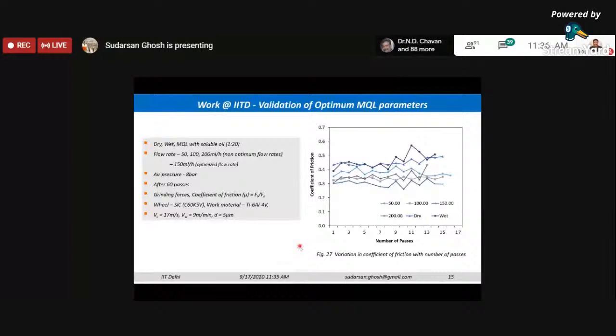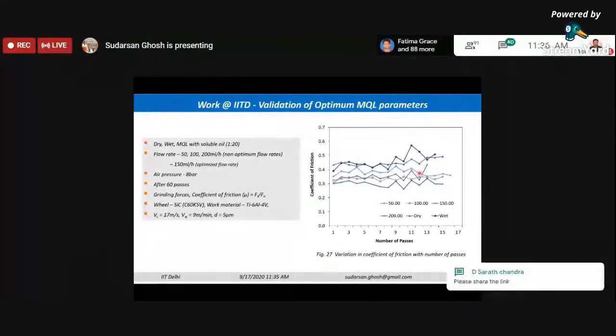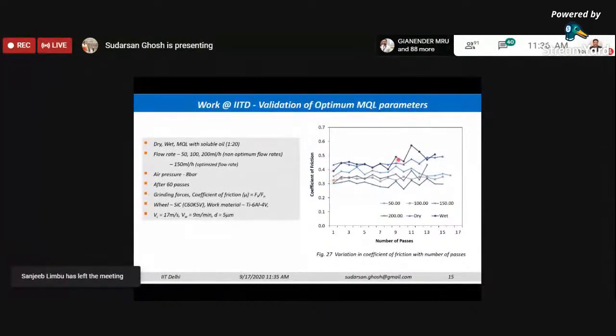Now, under these various conditions, we have also tried to find out the coefficient of friction. For each pass, we gave more grinding passes and saw whether the coefficient of friction remained the same or varied. More or less, as you can see, there is not much variation.